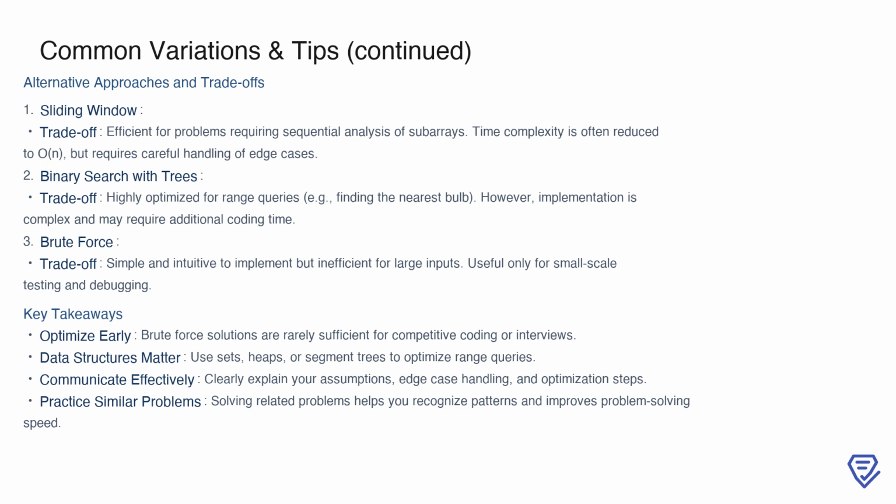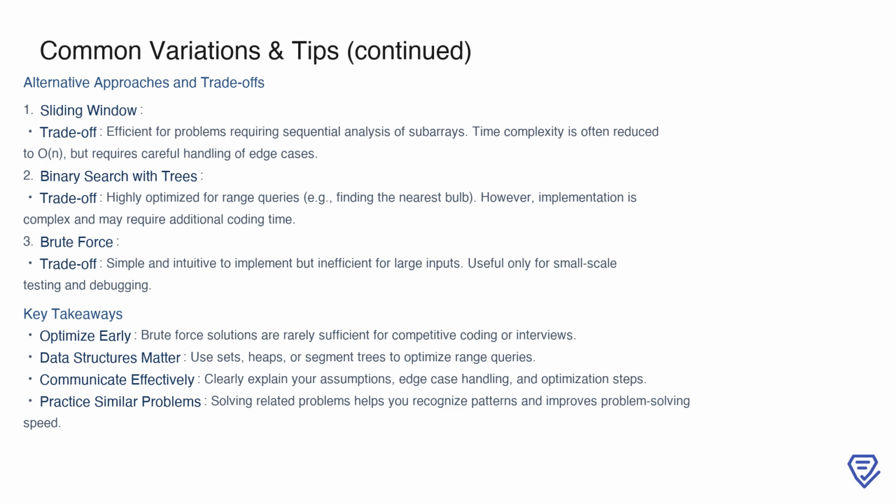Finally, let's discuss alternative approaches and the trade-offs they involve. Using a sliding window technique is often highly efficient for problems requiring sequential analysis of subarrays. It typically reduces the time complexity to O(n), but you'll need to handle edge cases carefully to avoid bugs. Another approach involves binary search combined with tree-based data structures.